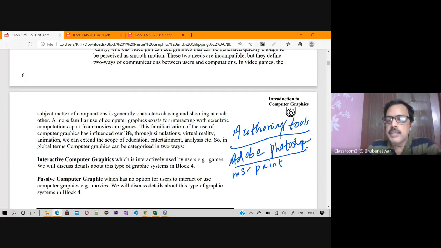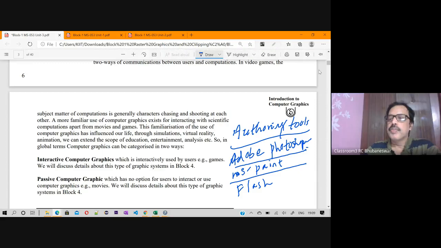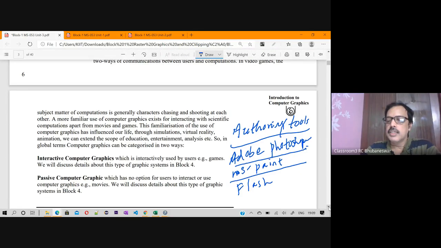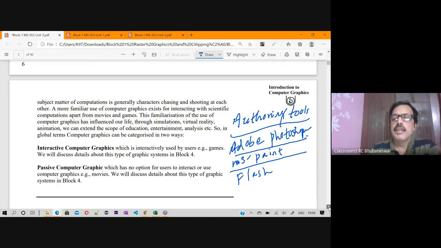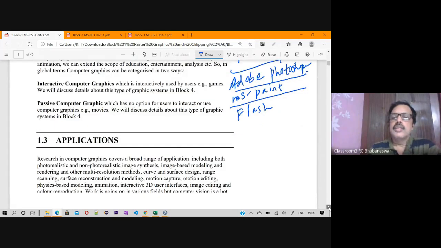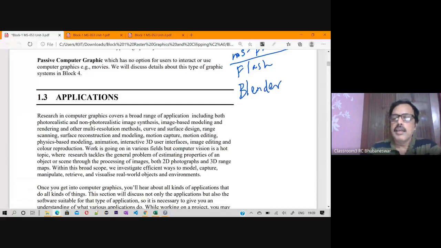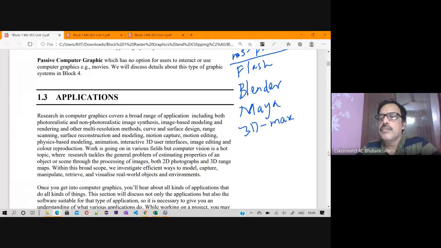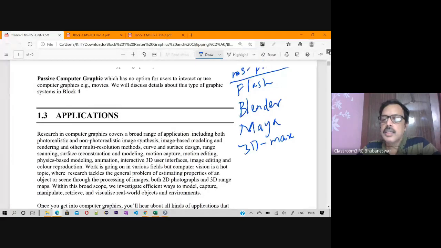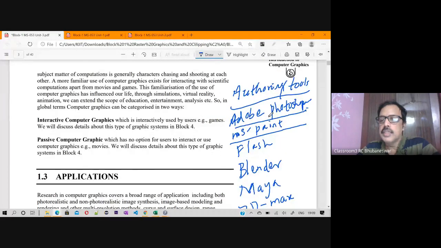In Paintbrush we can draw and generate. Similarly, you can have Flash for animation. You can have Blender also. Have you heard these names? Blender. So these are called authoring tools, like Maya, 3D Max. These are the most used software for making graphical components, where you can generate images or some video kind of things.